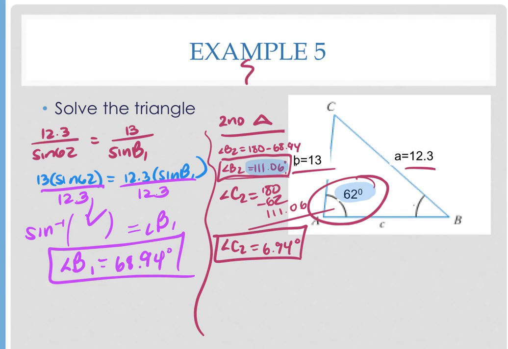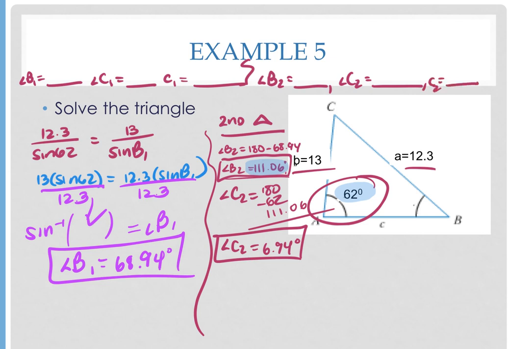So when I'm writing out these answers, I'm going to have an angle B1, an angle C1, a side C1. Then I'm going to have an angle B2, an angle C2, and a side C2. I just found B2, that's 111.06, and I just found C2, that's 6.94.